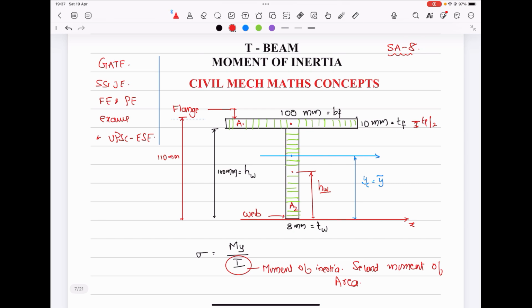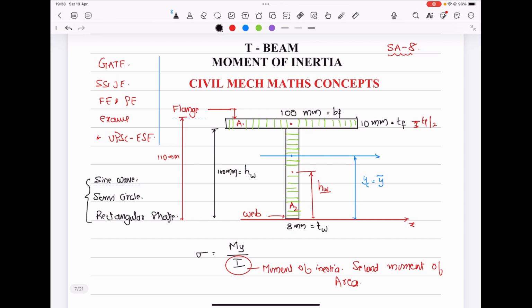Now, I have already discussed a beam in the shape of a sine wave, then the semicircle, and in the last class I discussed the rectangular shape. Using calculus, we found the moment of inertia.